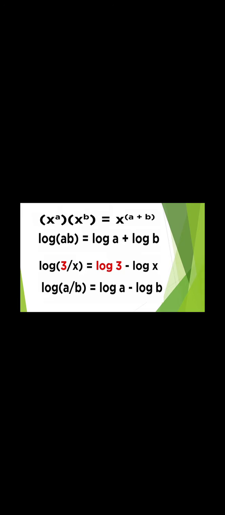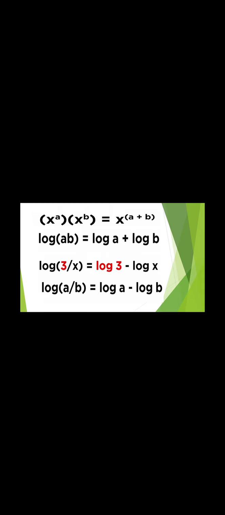That means we can take something like log of 10x and turn it into log of 10 plus log of x. Log of 10 is 1, so this becomes log of x plus 1. We also know that x to the a over x to the b equals x to the a minus b, which again can be used to expand or condense certain expressions.